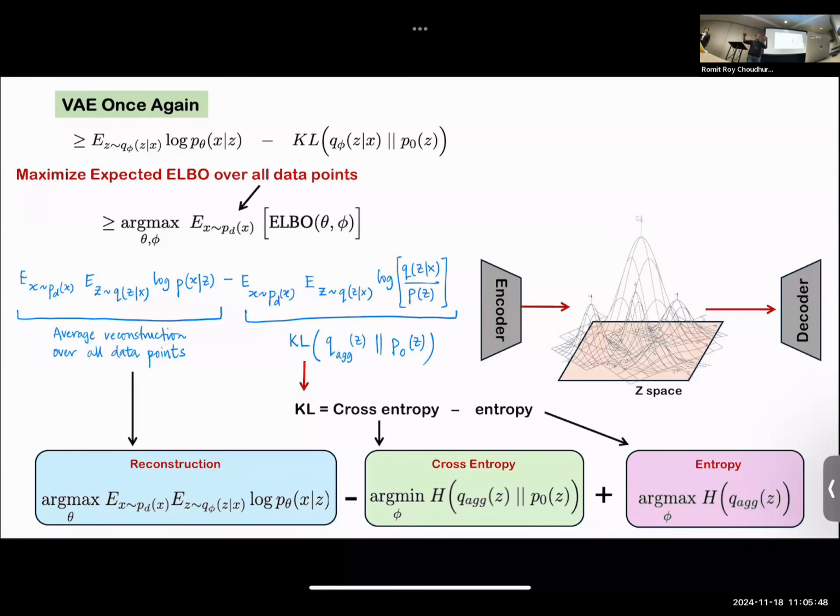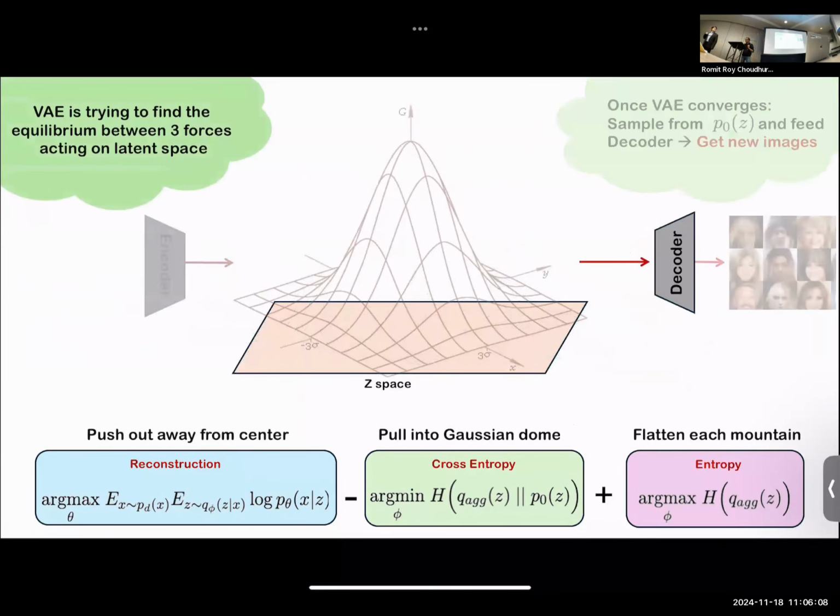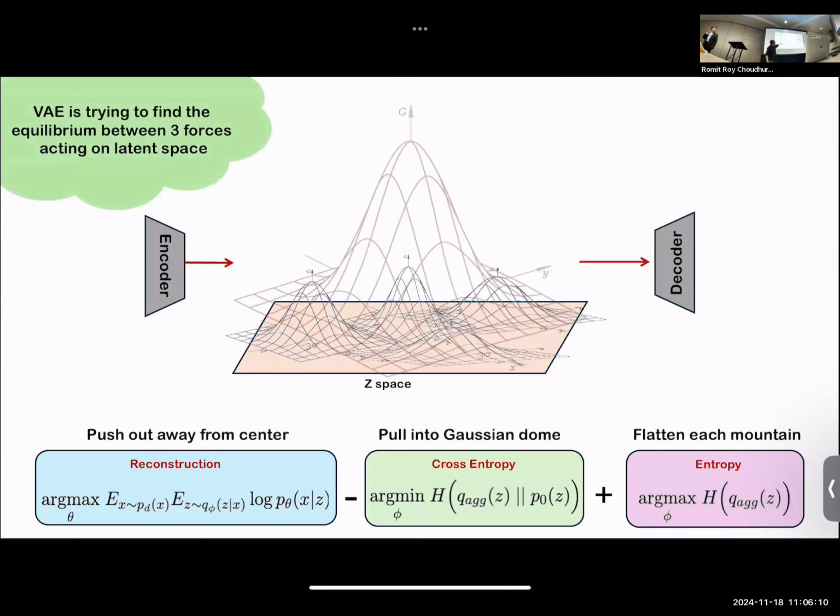Because if you make the variance high, what will happen? The cat and dog are going to start mixing. The decoder wants the cat's distribution and the dog's distribution to be as separate from each other as possible. These are the three forces that are playing in the latent space. And once you train, it comes to some equilibrium. That equilibrium looks somewhat like this.